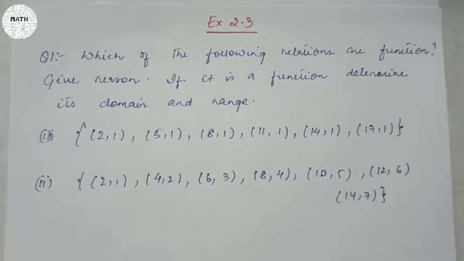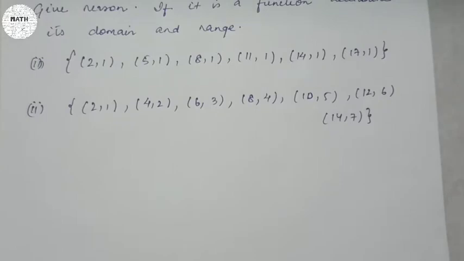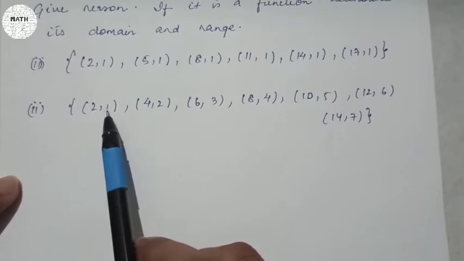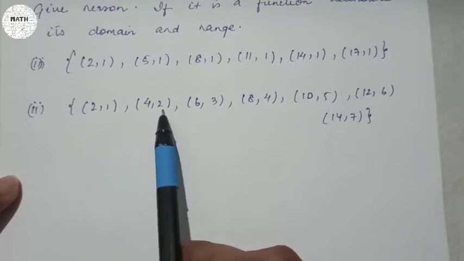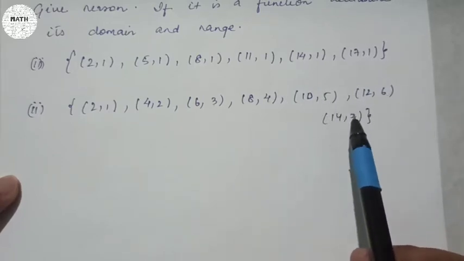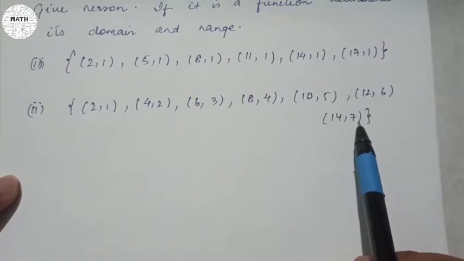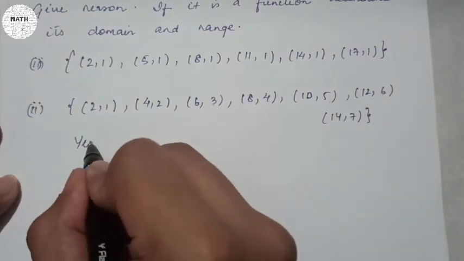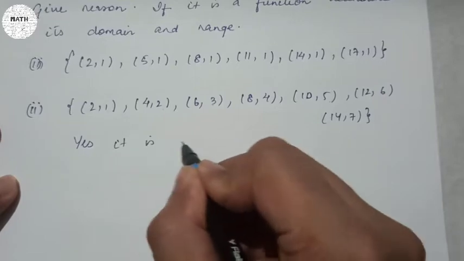Part 2 is given to be (2, 1), (4, 2), (6, 3), (8, 4), (10, 5), (12, 6), (14, 7). Now, I would say this is a function. Why? Because every image got a unique pre-image. See, (2, 1), (4, 2), (6, 3), (8, 4), (10, 5), (12, 6), (14, 7). It doesn't match. Yes or no? So, I would say that yes, it is a function.